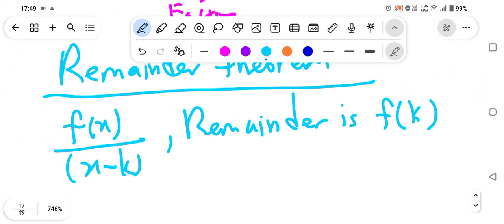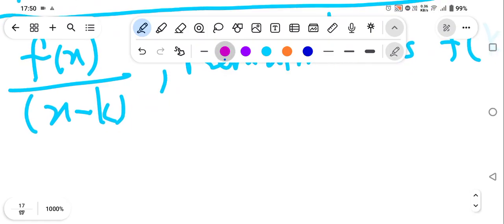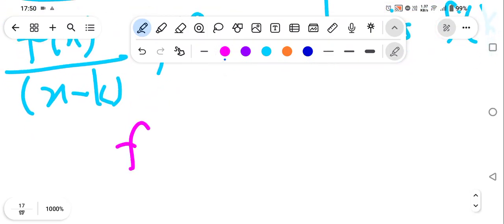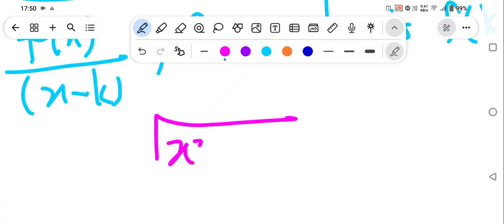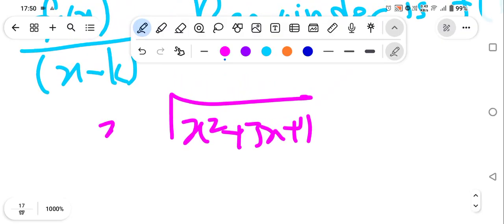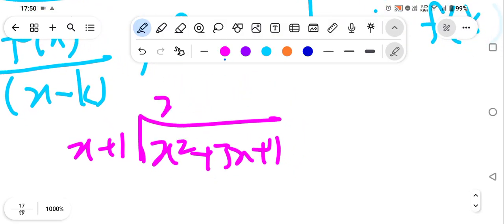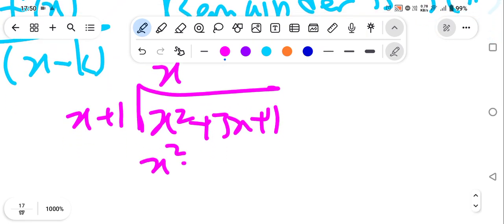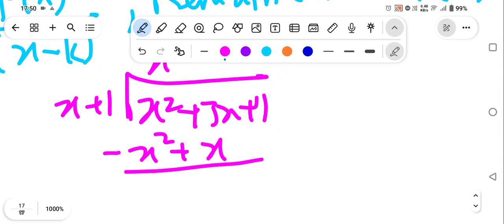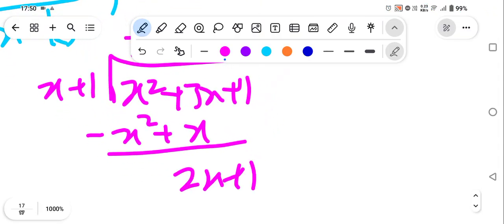So here's why. Let's say we divide x squared plus 3x plus 1 by x plus 1. Let's start simple. We have x, and we have x squared plus x. We subtract, so we have 2x plus 1.